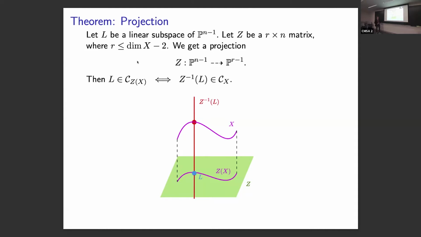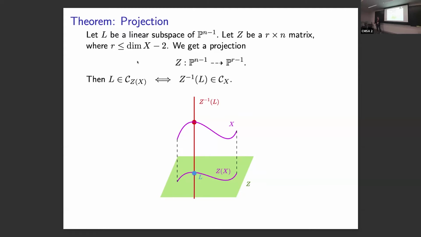And so that's very nice, because if we want to compute the Chow form of the image, what we can do is take the Chow form of the original variety, and we can fix Z and express the Plücker coordinates of this fiber in terms of the Plücker coordinates of L and the matrix entries of C. And then whenever we fix Z, we'll just get for free the Chow form of the image.